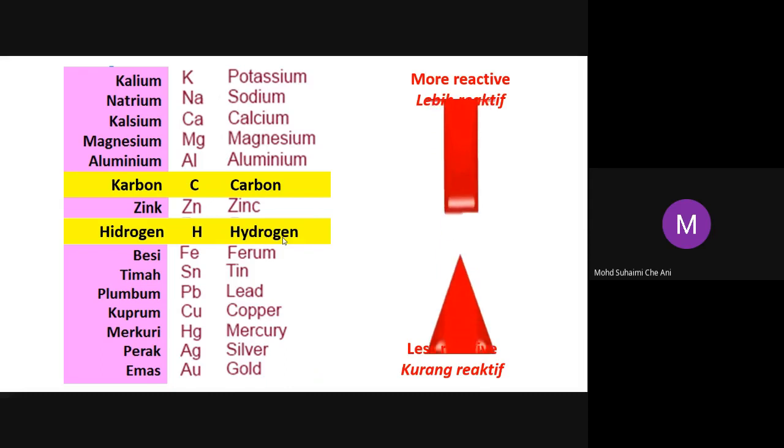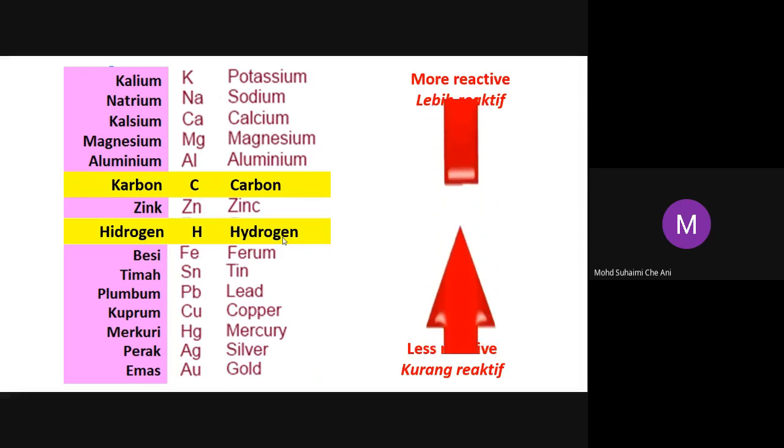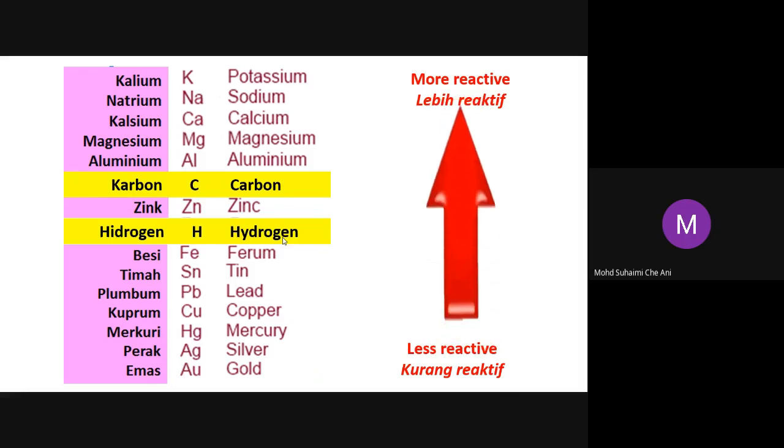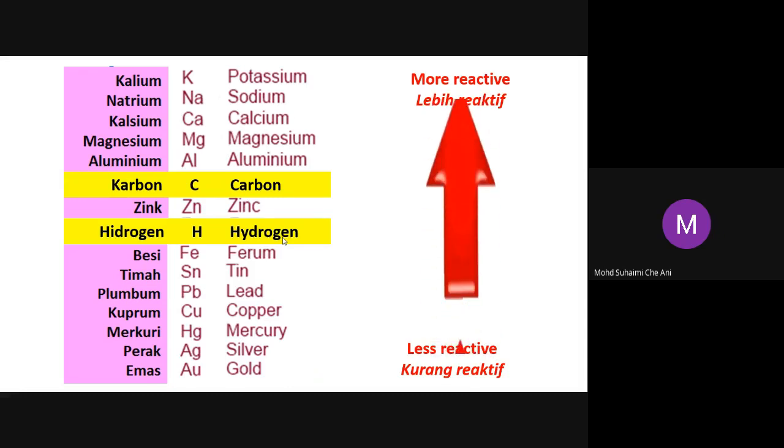Okay, any questions about 4.2 for the reactivity series? Before we move to the next subchapter, 4.3. So this is all about 4.2. You just need to know about the metal reactivity series. And then they did some experiments to know the position of carbon and hydrogen in the reactivity series.